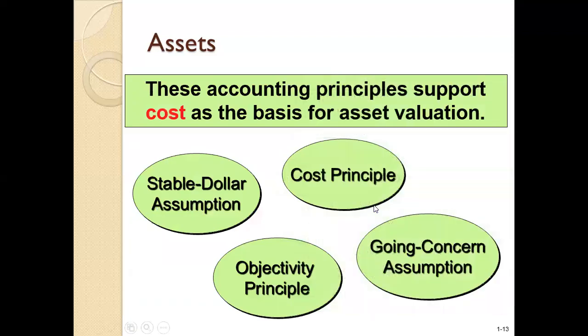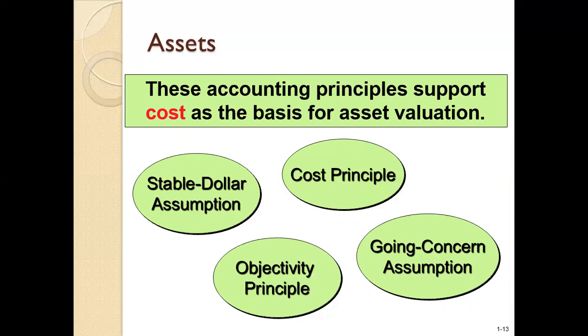Now, moving ahead about assets. A very important concept for assets is that they are recorded at their historical cost. This is called the cost principle, which means that assets are not recorded at their market value, but at the value at which you have purchased them.